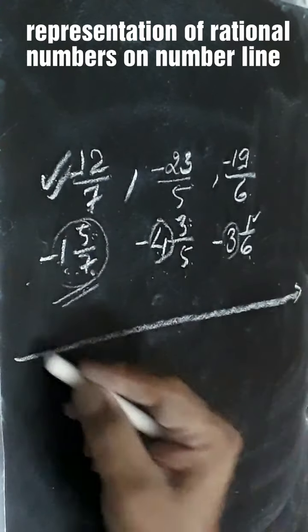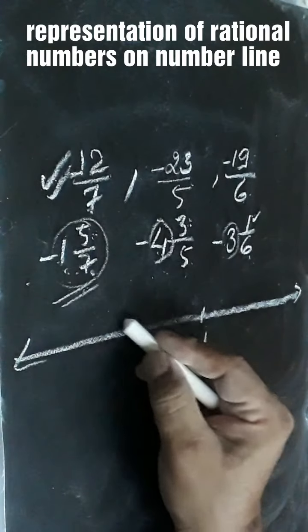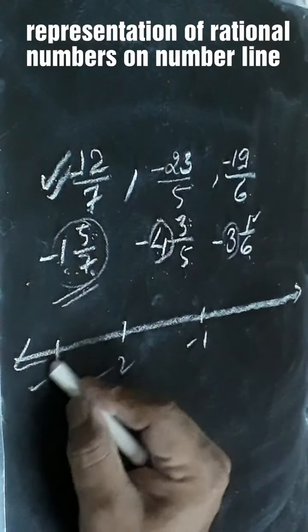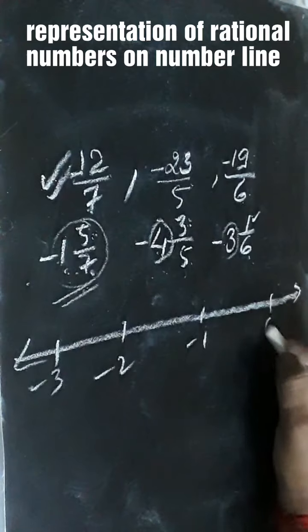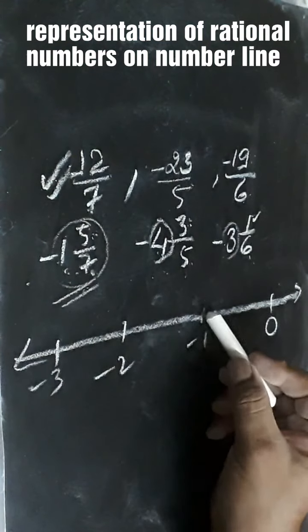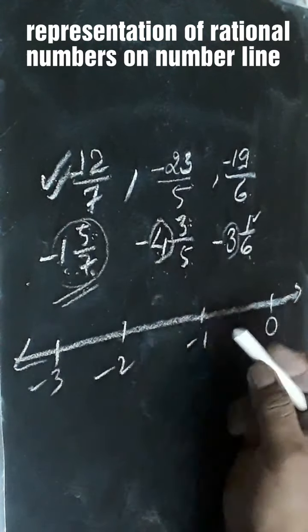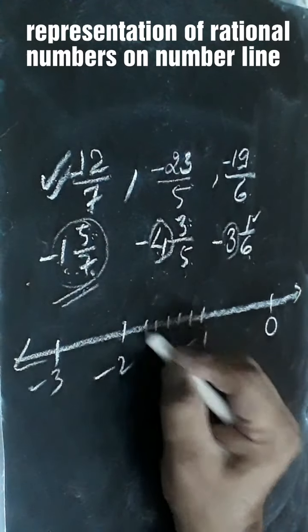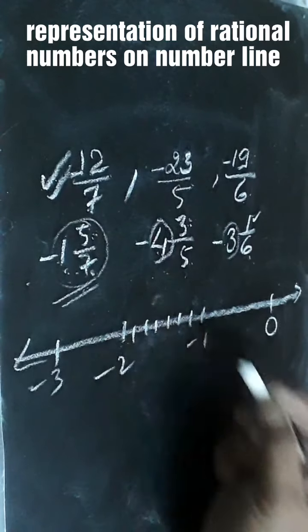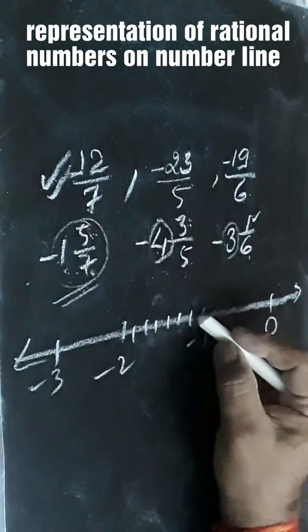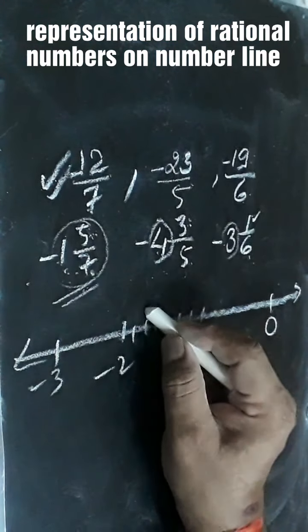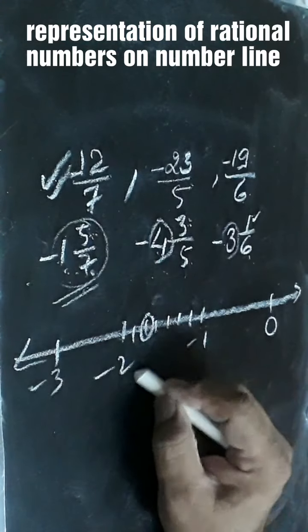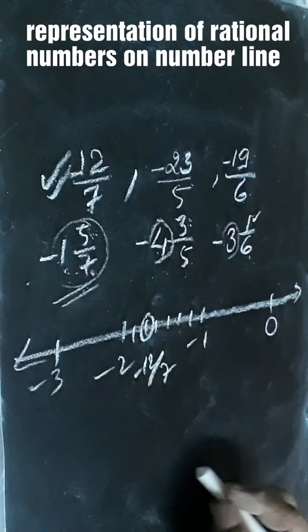Minus 1, minus 2, minus 3, this will be 0. Now we are going to divide this part into 7 equal parts: 1, 2, 3, 4, 5, 6 and this one 7. Now 5: 1, 2, 3, 4 and 5. This represents minus 12 by 7 on this number line.